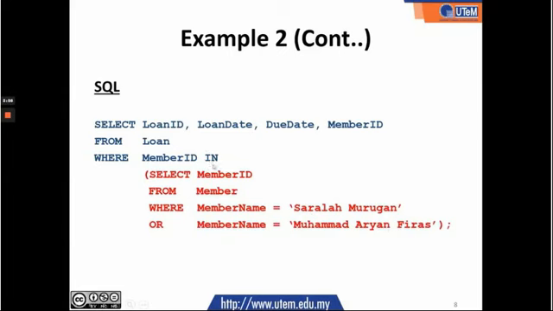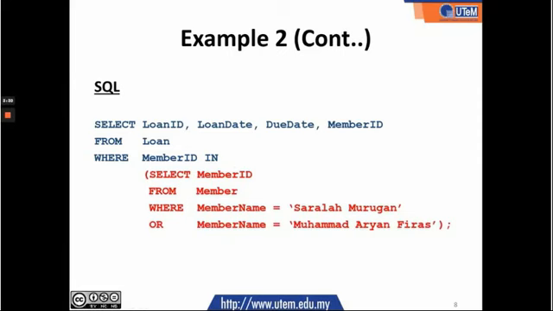As we know, the comparison operator IN can accept one or many values from the inner query. We are not allowed to use the comparison operator equal for this example because the equal operator can receive one value only.